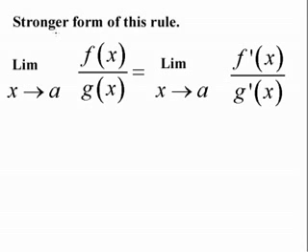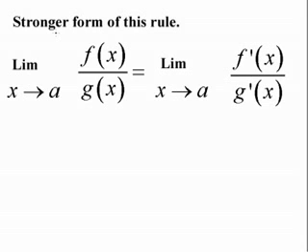And that is true when f of x and g of x both approach 0 as x approaches a, or f of x and g of x both approach infinity as x approaches a.